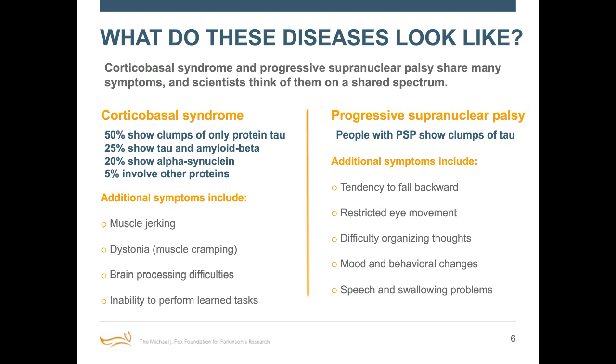Well, I would want to emphasize that we have recently learned a lot more about how heterogeneous, how variable different presentations of PSP can be. But in the case of classic PSP, what we refer to as Richardson's syndrome, there is an early tendency to lose balance, particularly leading to backward falls, which of course are very dangerous, hitting the back of your head, for instance, as well as a restriction of vertical up-down eye movements.